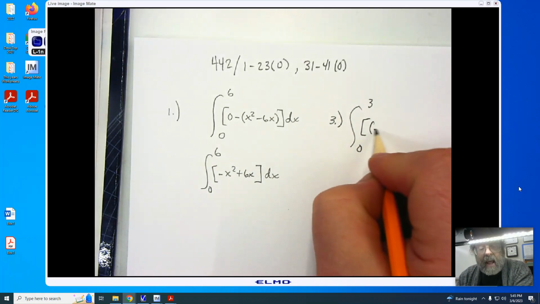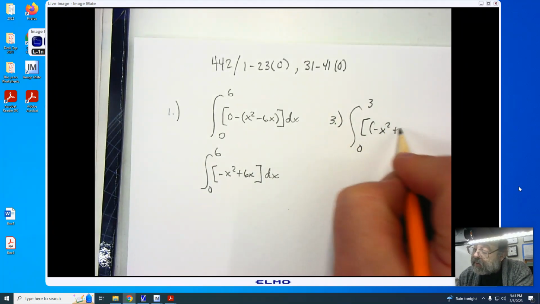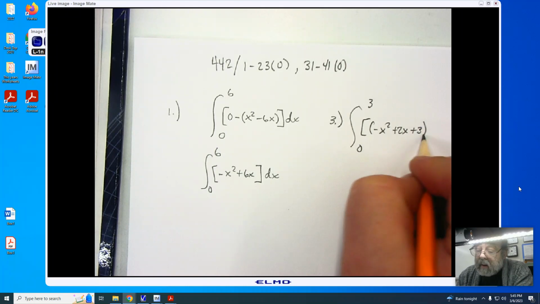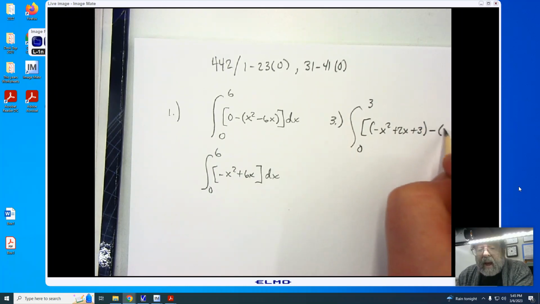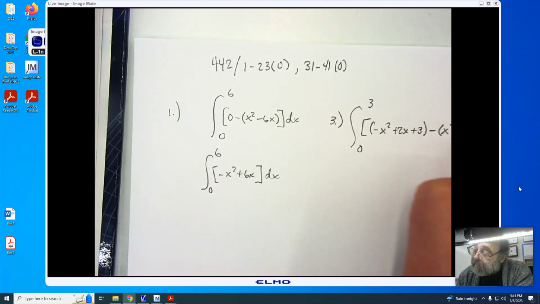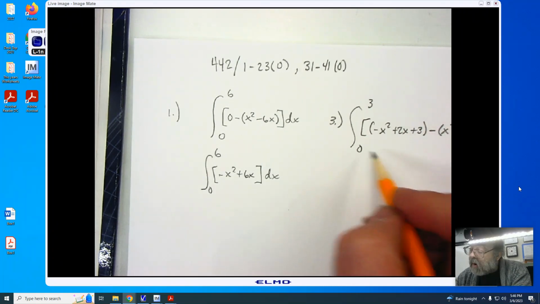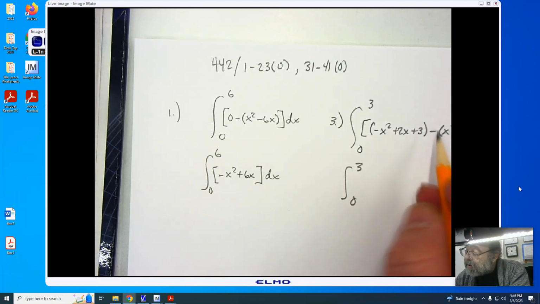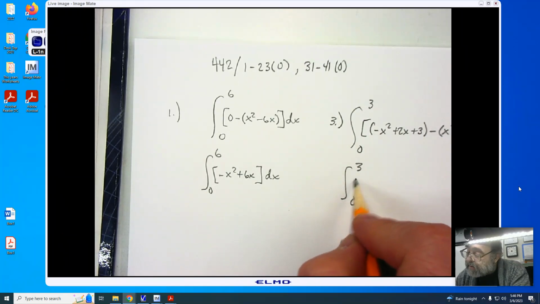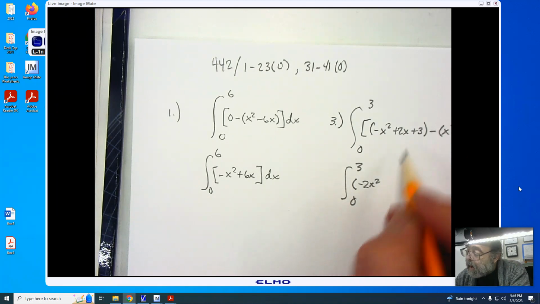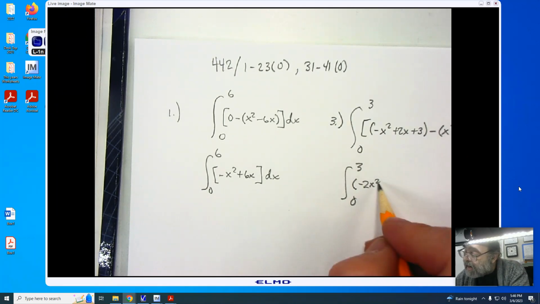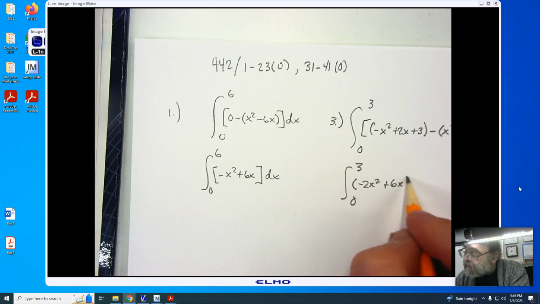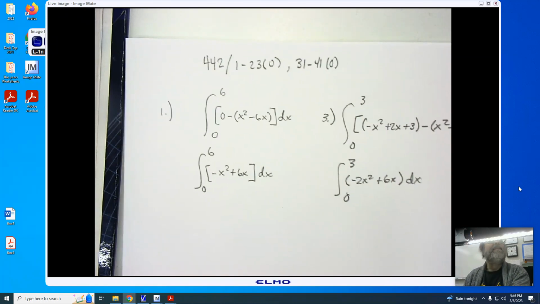And I have a negative x squared plus 2x plus 3, and I'm subtracting the x squared minus 4x plus 3 dx. As I did before, I want to simplify this to a point where I can work with it. And you'll notice I'm getting a negative 2x squared, I have a 2x plus 4x makes plus 6x, and the 3's cancel. And that's my answer.